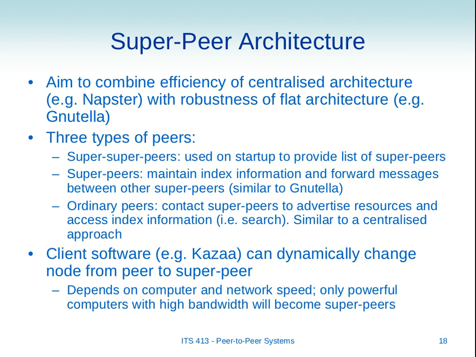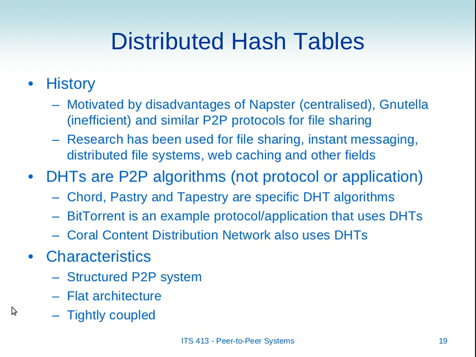So the slides cover what we spoke about. There's another approach called distributed hash tables. We'll move on to something else first, Bittorrent, and then come back to hash tables later. That requires much more time. We'll see it's a flat architecture, but it's a structured system. Gnutella was a flat architecture but an unstructured system. We'll come back to distributed hash tables later.